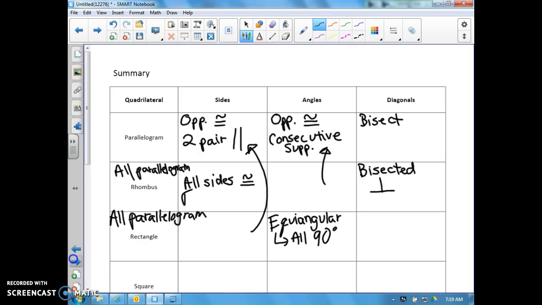Oh, and here, this would be their equilateral. Right? And the diagonals are still bisected, and they are congruent.